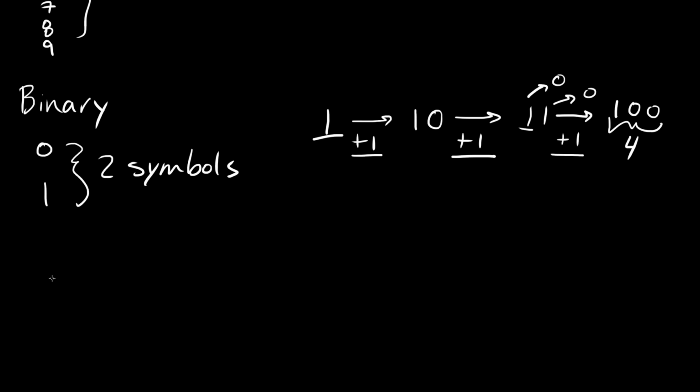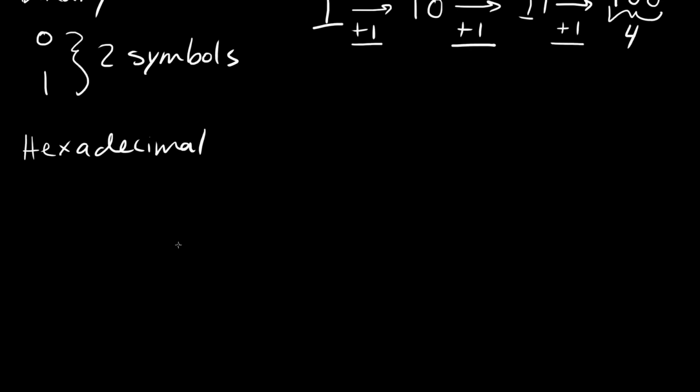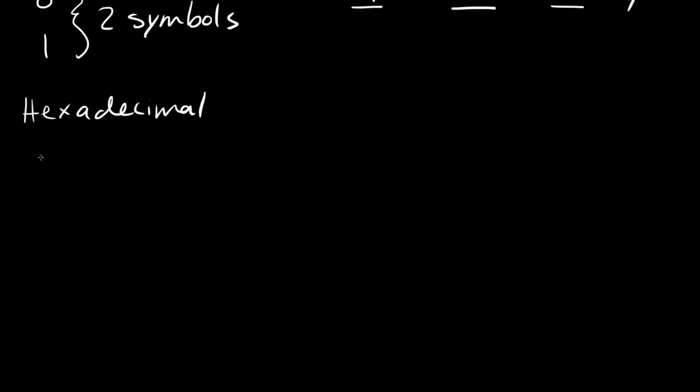So if you keep going down just engineering in general, you will most likely hear the hexadecimal number system. And the hexadecimal number system is pretty much the same as the decimal and the binary, except now there are 16 symbols.